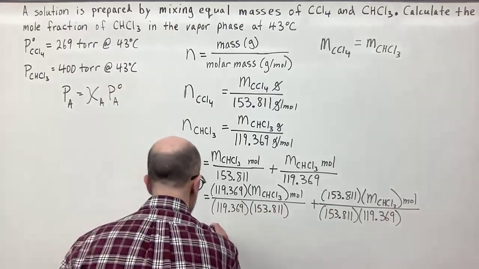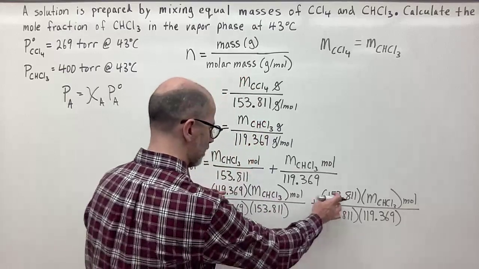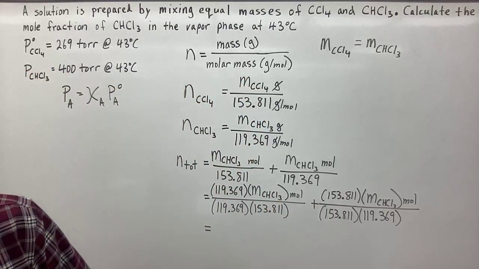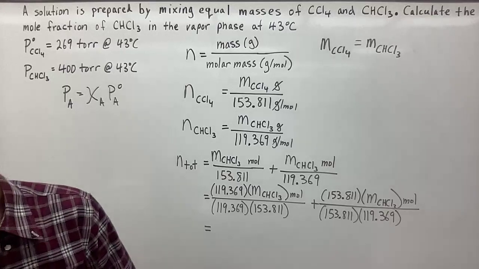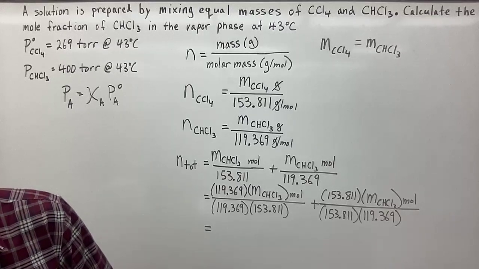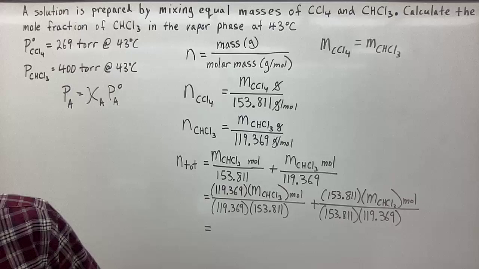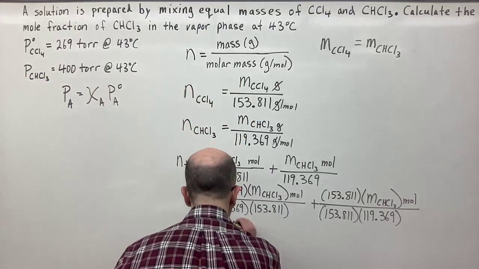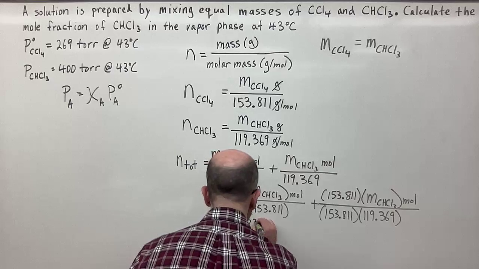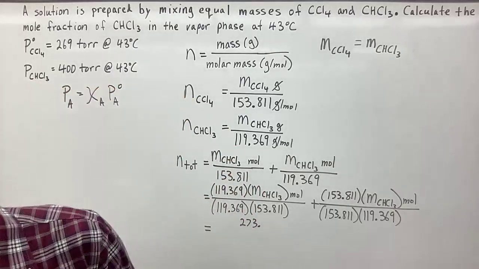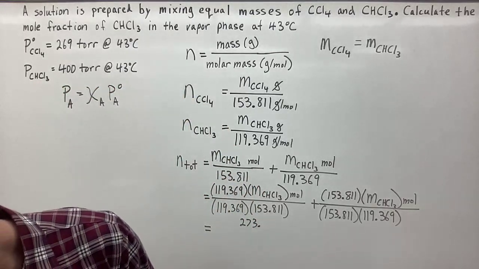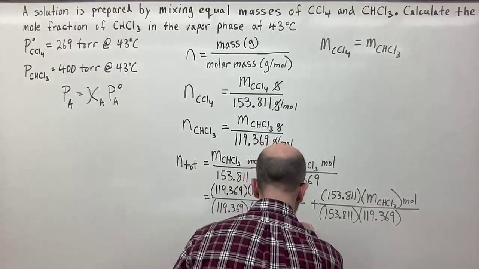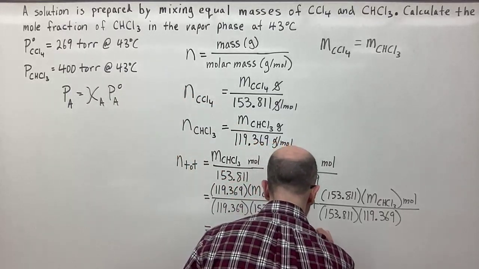So then that's going to be equal to, if I add these together, what do I get? I get 273.249 times the mass of CHCl3.